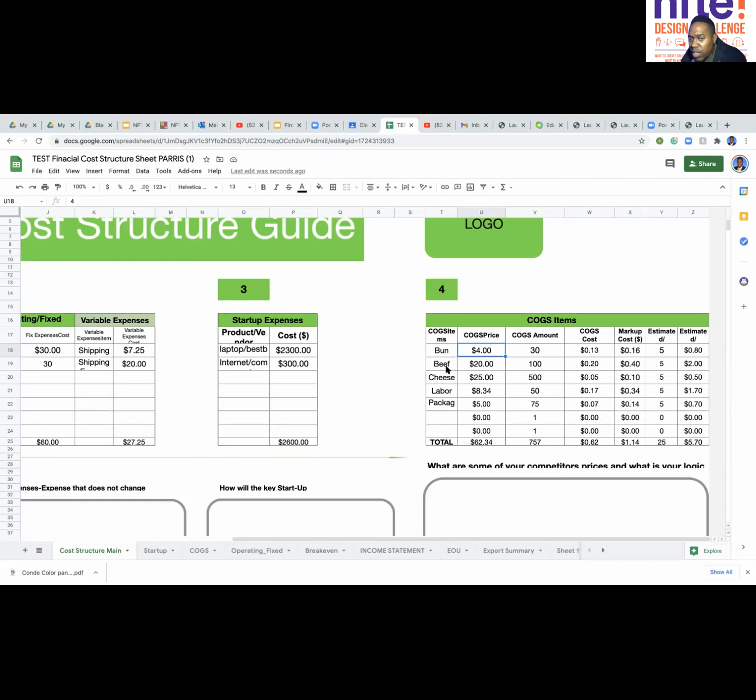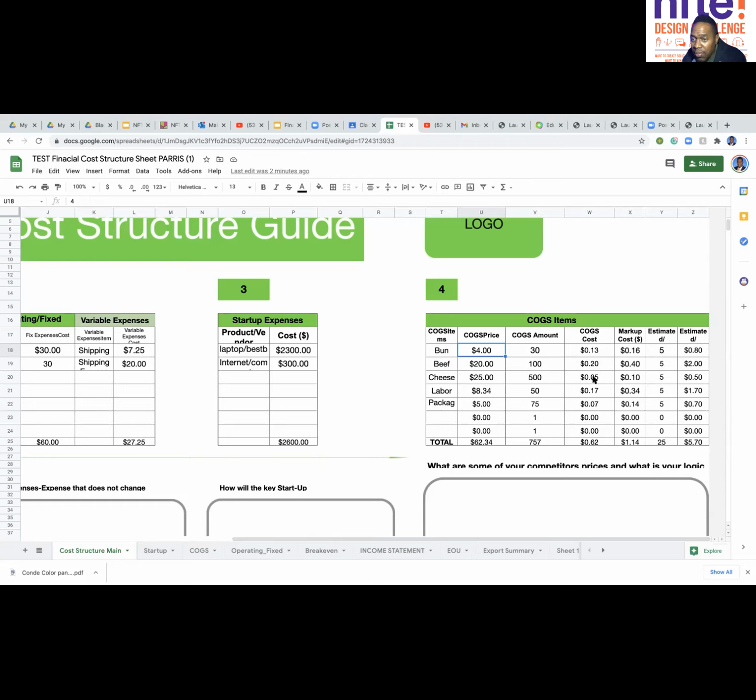Okay. Then we need the beef that goes in the bun. I get it for $20. 100 pack, I get 100 patties in a box. I divide this by that, by the cost price. That gives me 20 cents. My markup times 2, 40 cents. I sell 5 units, I make a profit of $2. And for cheese, I get 500 cheese in a pack for 25.